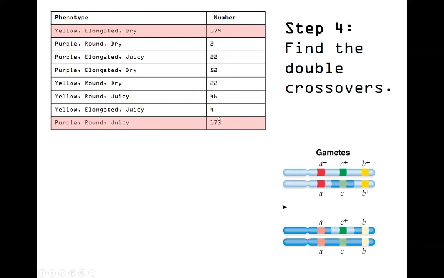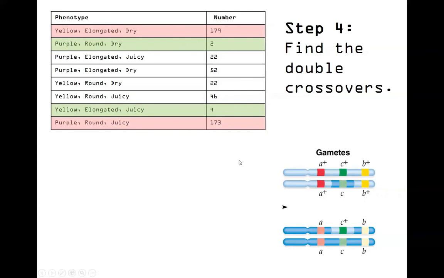Also, keeping in mind that we're working with these phenotypic categories in pairs. That's because we've done a mix and match, so both of these are involved. This lighter blue chromosome's involved, and this darker one, in whatever offspring they end up in. So we're working in pairs. These are going to be our double crossovers, okay?